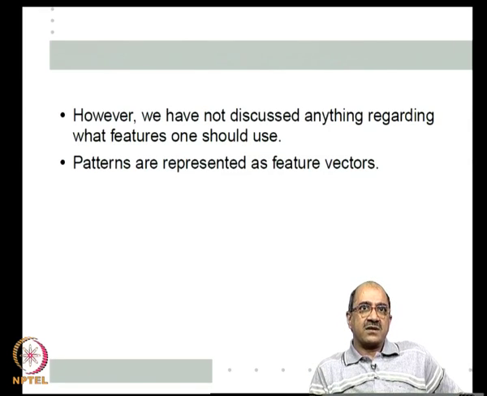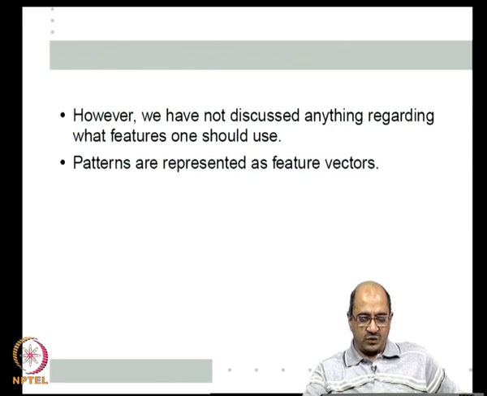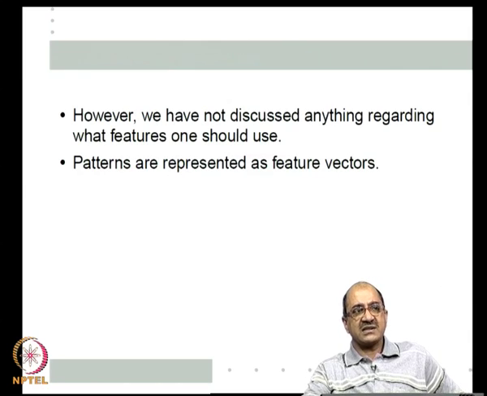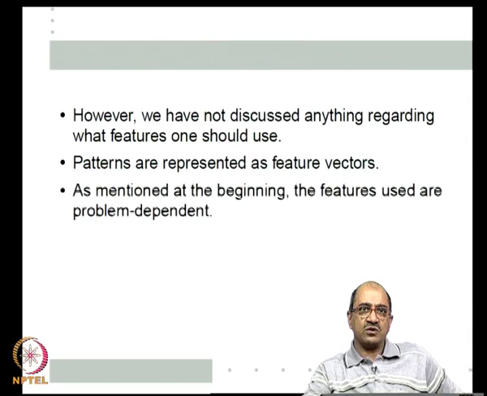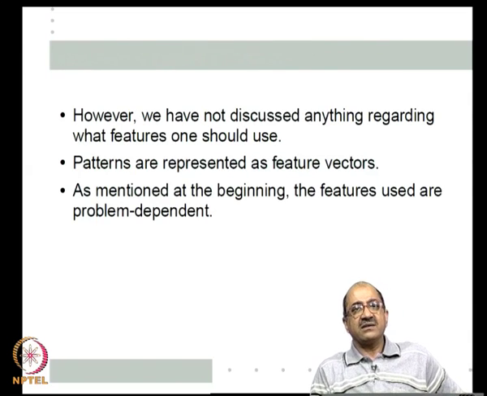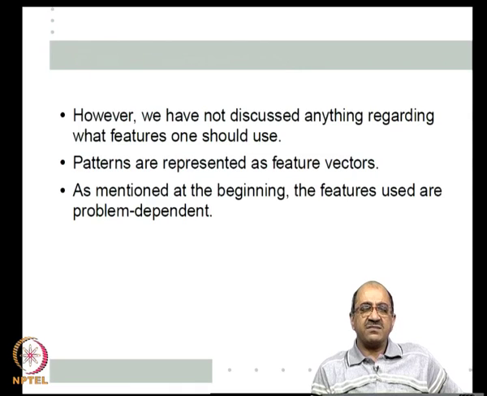And we have never in this course said anything about what kind of features one uses. At the very beginning of the course we saw many examples of specific pattern recognition tasks, and there we discussed the kind of features people use in those examples, and the overall import is that features are very much problem dependent, which is still true.